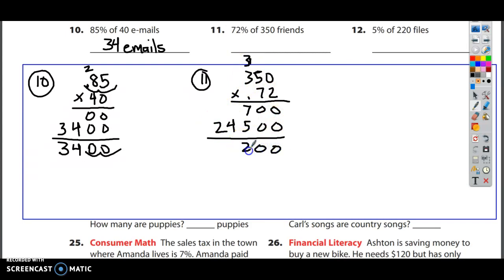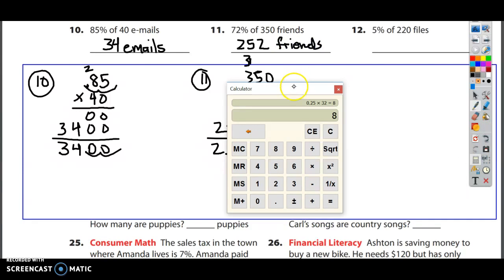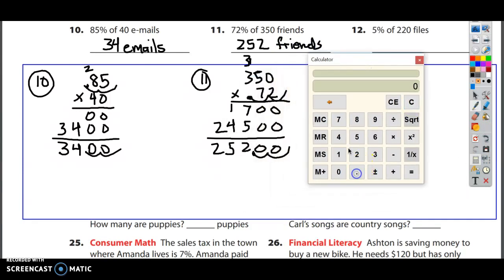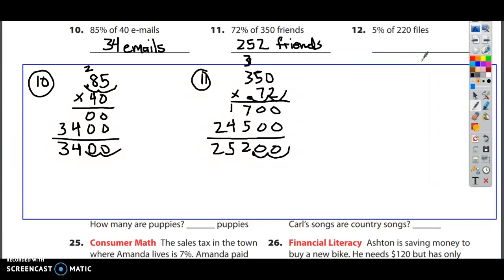The answer is 252. Now I know this is right because I've checked it before, but I'm going to go ahead and show you. If you ever have a big computation and you want to check your answer, you can just simply multiply 0.72 times 350, which is 252.